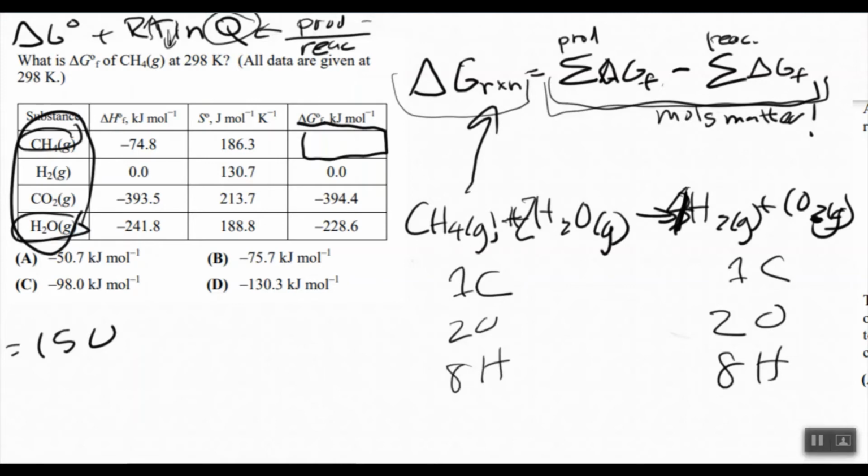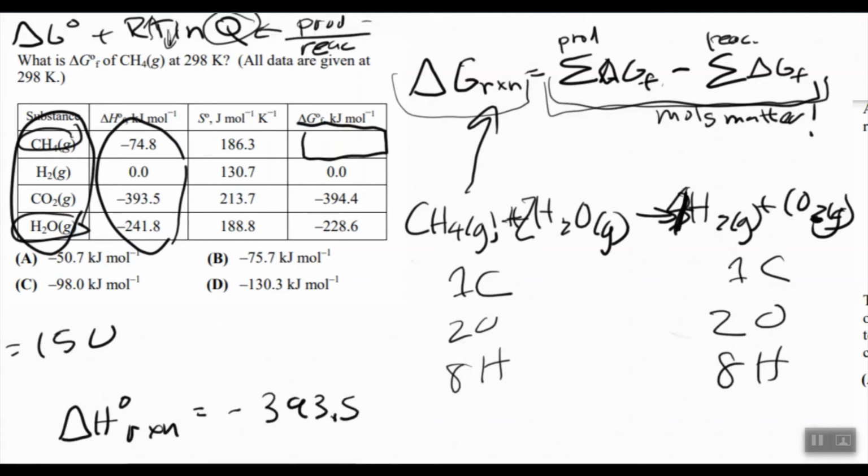So, let's find the delta H of this reaction, since we have all the delta H formations, the heat of formations. Let's get out our handy-dandy calculator to calculate the delta H naught of this reaction. Our product is 1 CO2, so negative 393.5, added with 4 times the delta H of formation of H2.